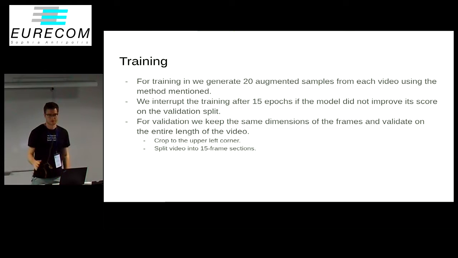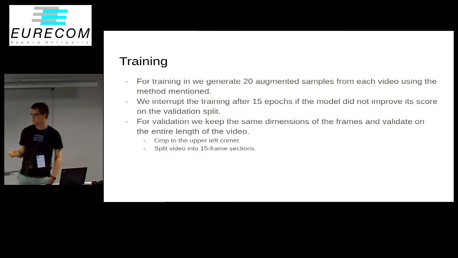Yeah, but when we finally validate the networks, we still want to keep the same dimension of the inputs, so we crop the videos in the upper left corner. For morphology, we don't really crop the videos at all because we preserve the resolution.